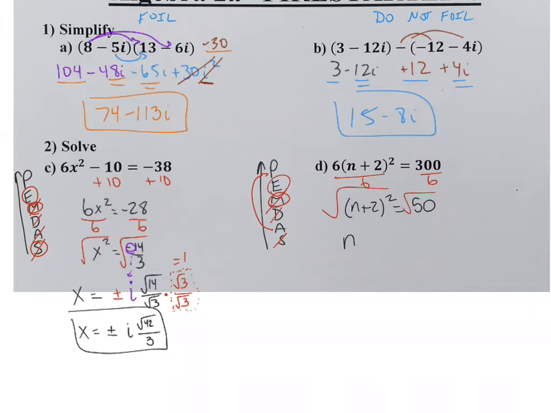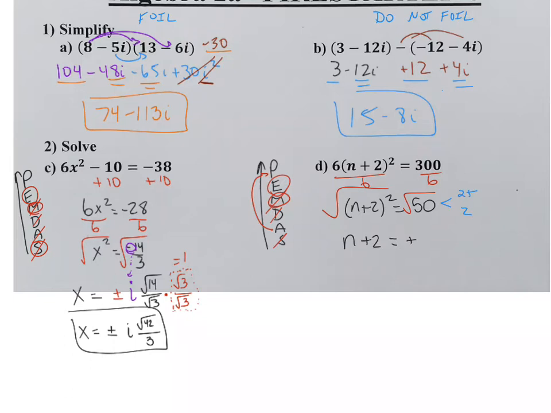So I end up with n plus 2 equals, remember, because I square root both sides, plus or minus shows up. I'm going to do a little multitasking. Remember, 25 is not perfect. I totally messed up something here. The square root of 50 is 25 and 2.